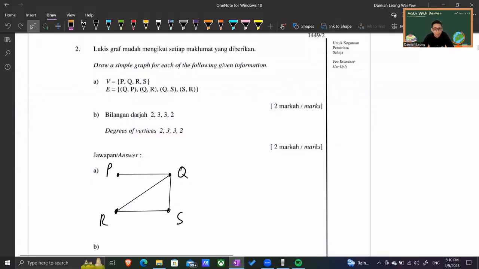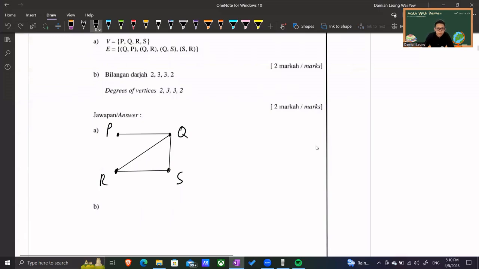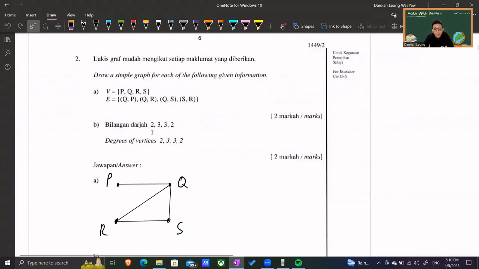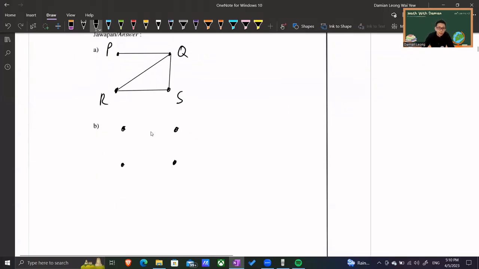It's just like that. For part B, these are the degrees of vertices for each vertex. So there are 4 vertices. I want to join it in a way that the degrees are 2, 3, 3, 2. In order to have degree 3, but this is a simple graph, meaning there are no loops, no multiple edges, the only way I can get degree 3 is if I connect to the 3 other points, like this.